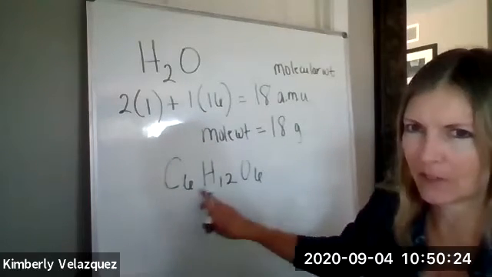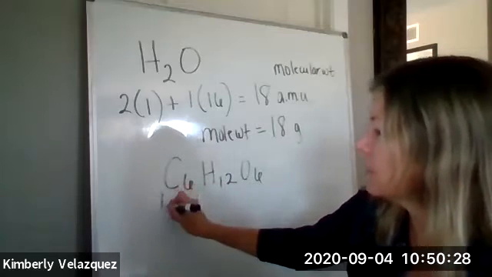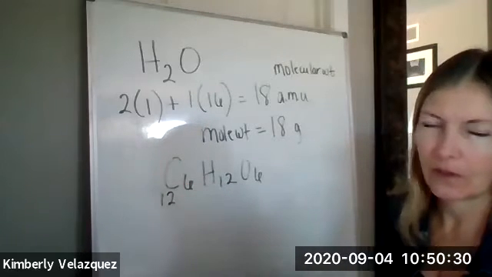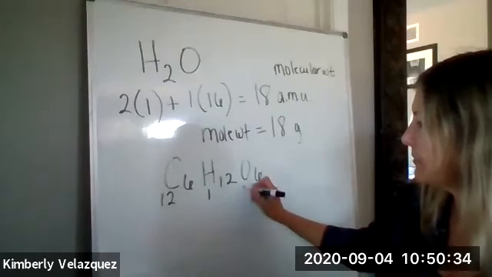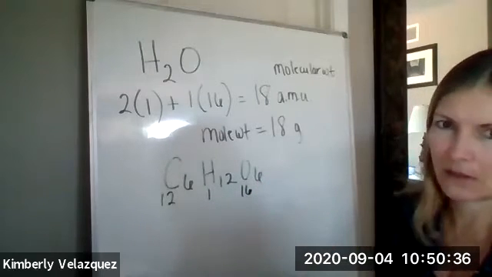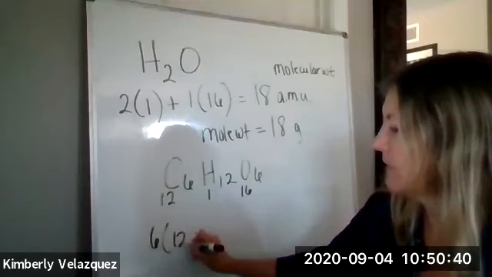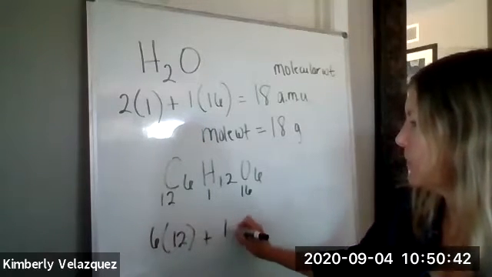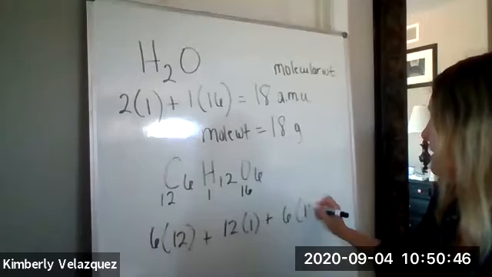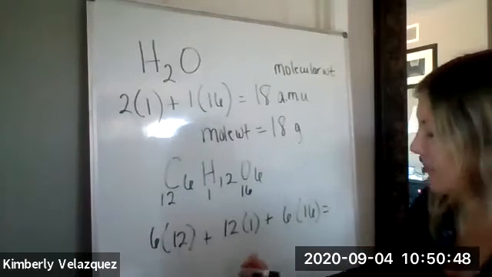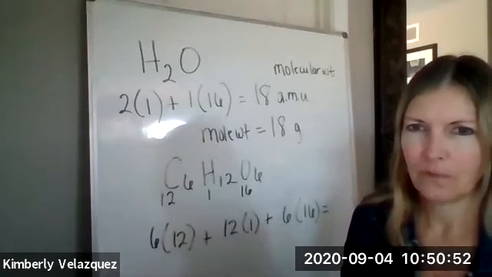So for each of these atoms, it gives you a rounded atomic mass. So it tells you that carbon weighs 12 daltons, or 12 atomic mass units, hydrogen weighs 1, and oxygen weighs 16. So now we can say 6 times 12, okay, plus 12 times 1, plus 6 times 16 is going to give us the molecular weight of glucose.